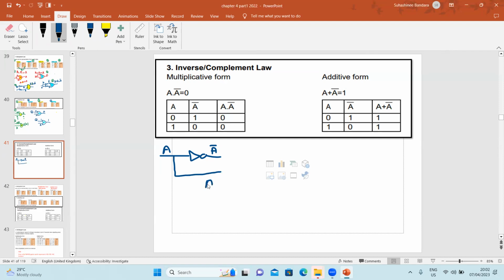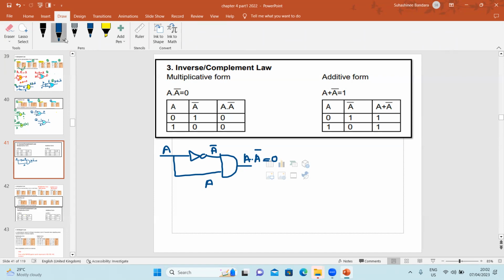So if these two go through the AND gate, then we will get the output A dot A bar. That means the output is equal to 0. Why? Opposites are there for the multiplication. Then the exact output will be 0.